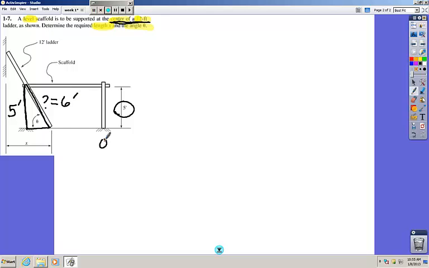So as I come in, I'm going to do the opposite over the hypotenuse is sine theta. So that means sine theta is going to be 5 feet divided by 6 feet.